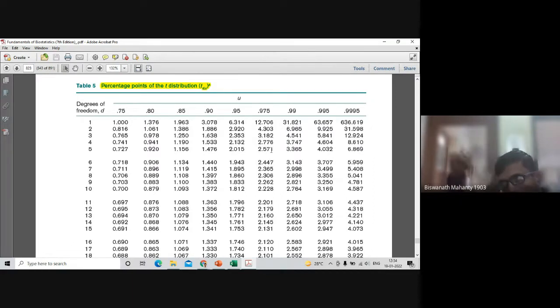It means the axis number, right? Not the area. And 0.75, 0.80, 0.85, going up to 0.99, 0.995, this is talking about the area to the left side. Now, for our case, this is the way they are giving it. Now, degree of freedom is n minus 1.